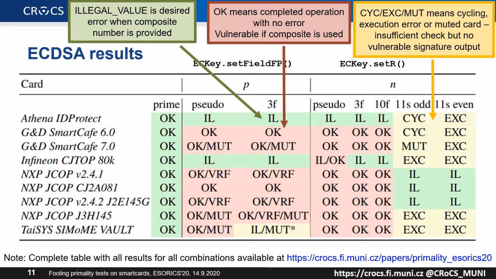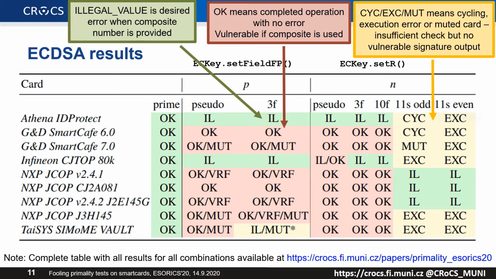If you see something like cycling or exception or muted, this means the card did something and got stuck. Likely, the card accepted the value, but the algorithm later implementing the necessary operation on, say, the elliptic curve had some expectation that some things would hold, and because we submitted something that is not prime, it broke, and then the card cycled, muted, threw some strange exception, and so on.